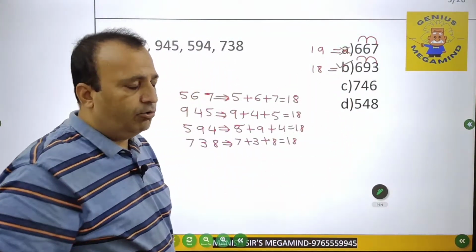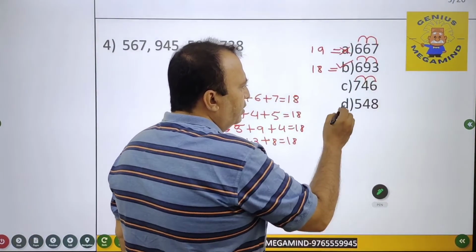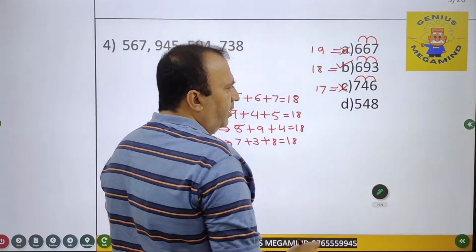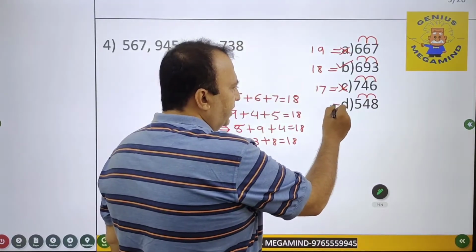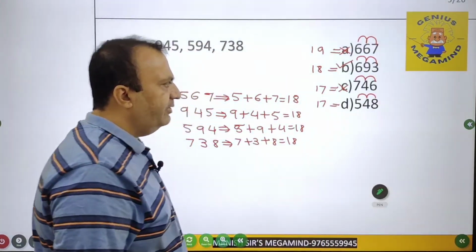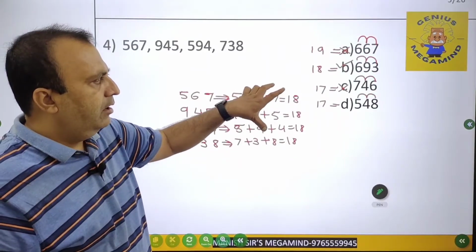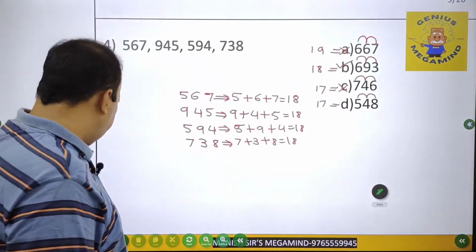But again, we'll check out the remaining options. 7 plus 4 plus 6. So 11 plus 6 comes out to be what? 17. So this is not possible. And the last option, 5 plus 4 plus 8. So 9 plus 8 also is what? 17. So from the pattern, we can observe that the answer for this question has to be option B.